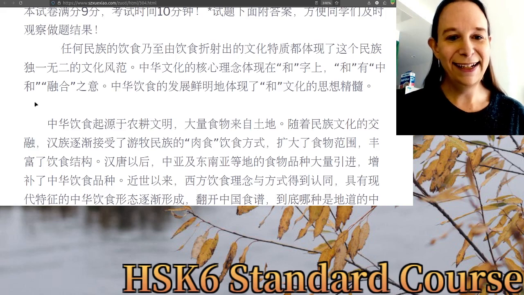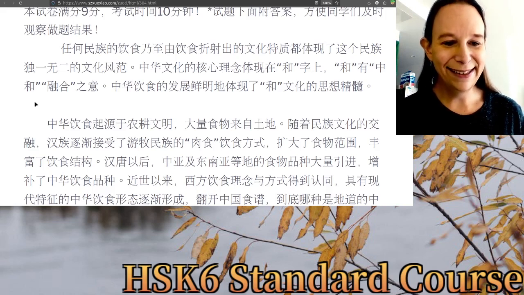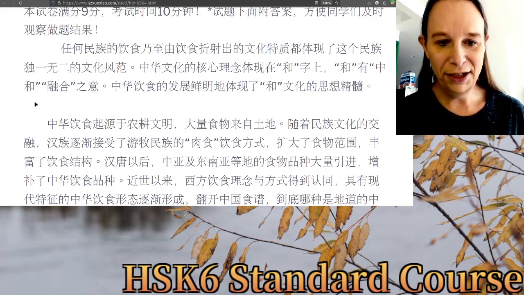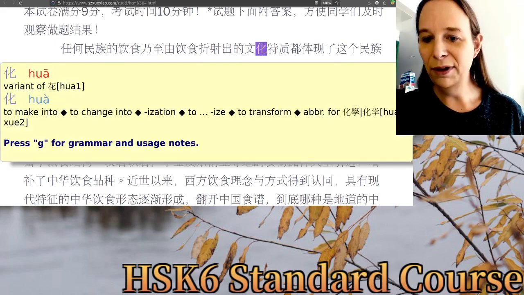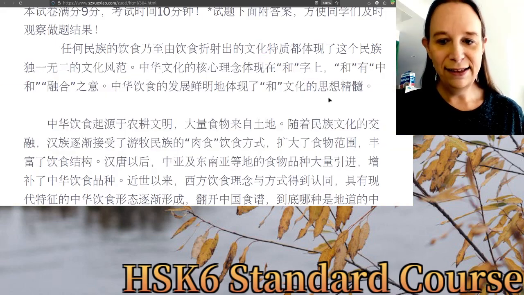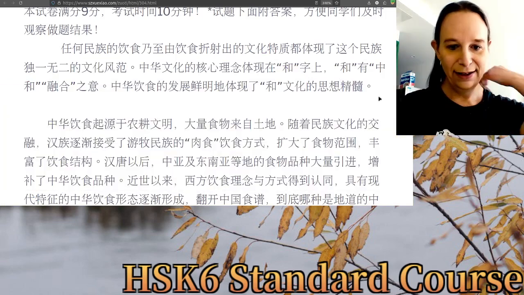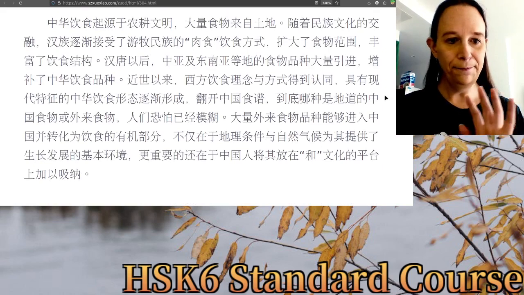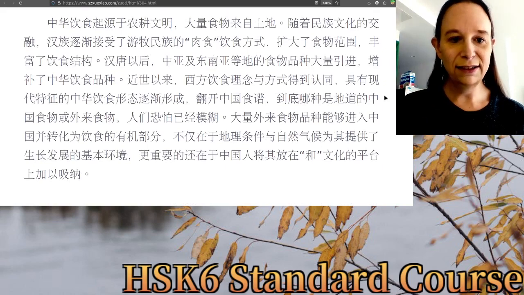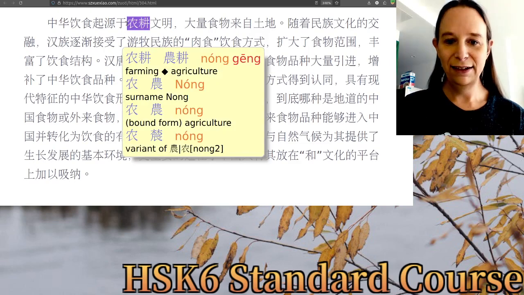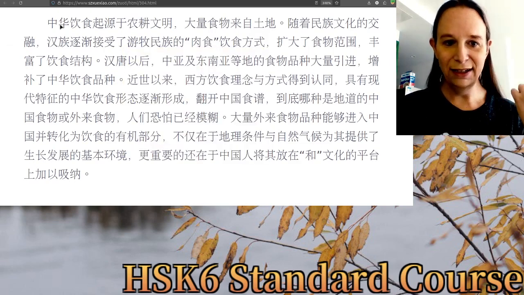Yeah, the textbook changed it to 调和 which makes more sense. 中华饮食的发展鲜明的体现了和文化的思想精髓对吗？精髓 essence. 中华饮食起源于农耕文明 agriculture 农耕 is to plow.